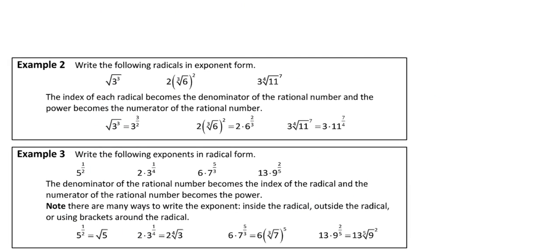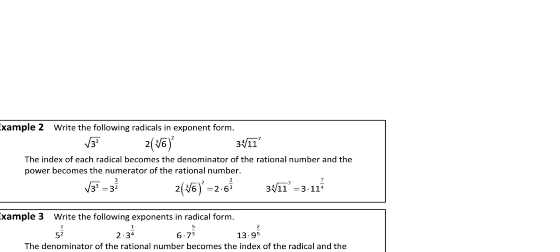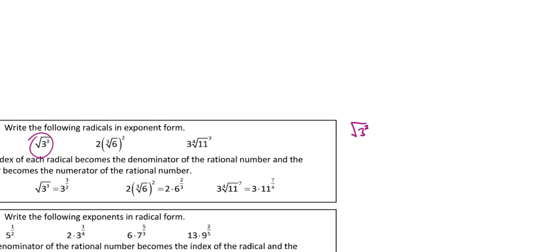Now, we're going to have a similar thing happening here. Let's do this one first. If we had the square root of 3 to the power of 3, and I want to write this as just an exponent, the base is still the same.